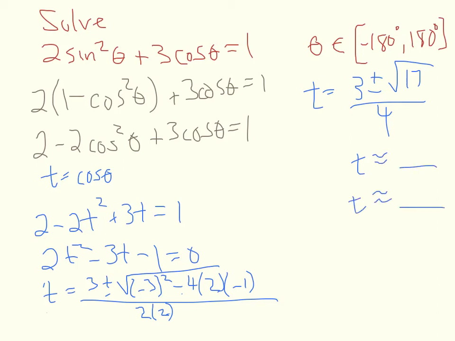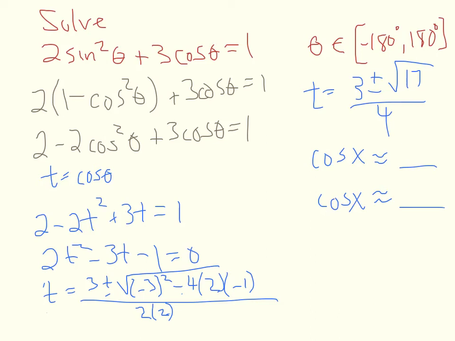But remember, it's not really t. It was cosine. Cosine x equals those two values. And if we use inverse trig now, what we will end up getting are our angles.